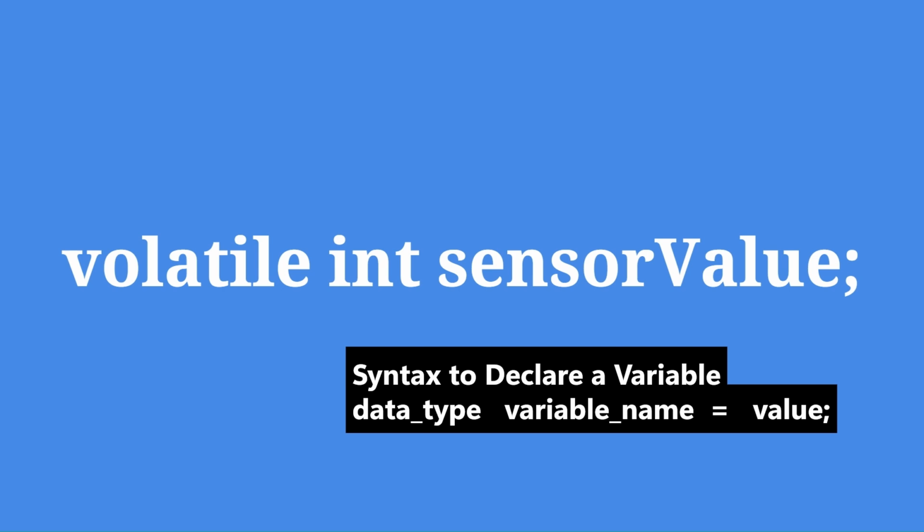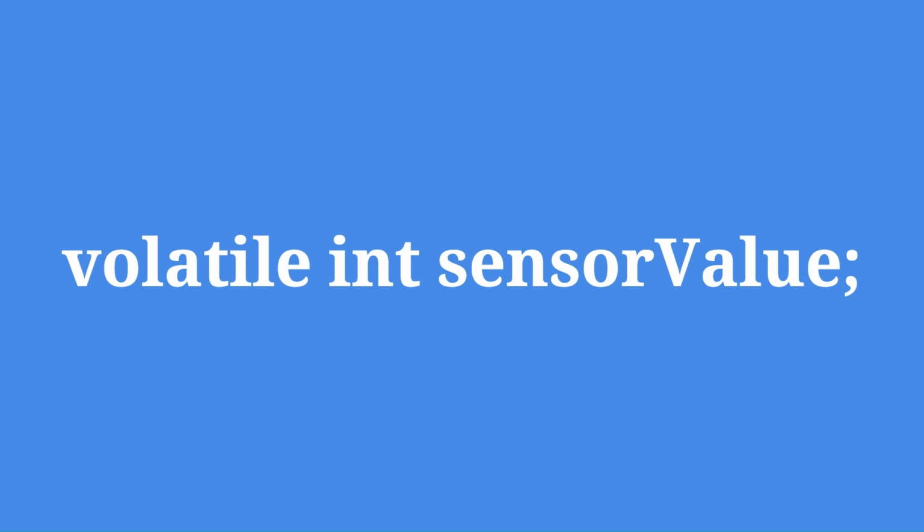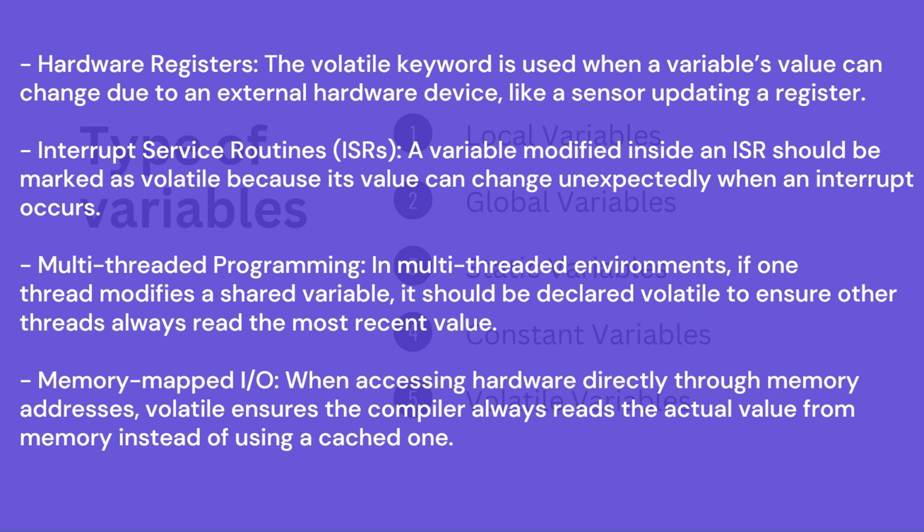It tells the computer not to optimize this variable, so its value can change anytime outside the program's control. For example, if your program is talking to hardware sensors, or a shared variable is modified by another thread or an interrupt, in those cases the value of sensorValue can change even if the current code does not modify it directly.